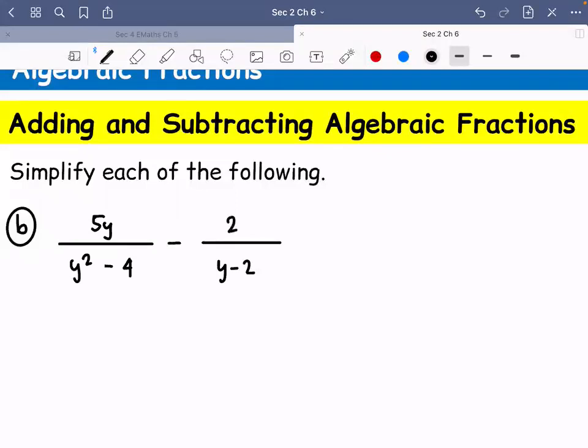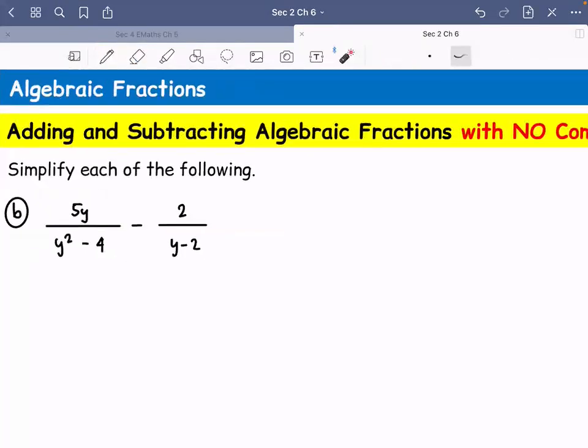Okay, so for this question here, as you can see, class, we can factorize y squared minus 4. So what happens when we factorize this? So it will give us y minus 2, y plus 2, right? This is an identity. So let's write that here.